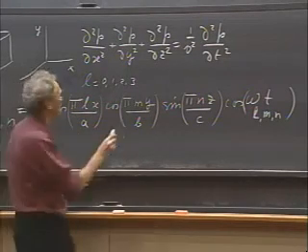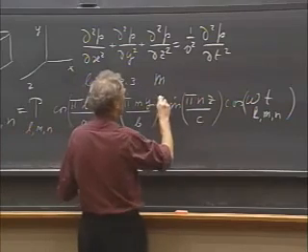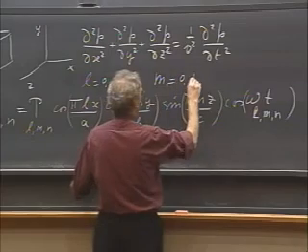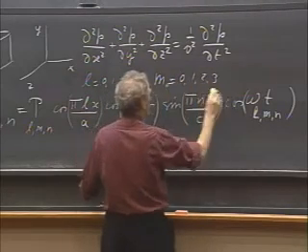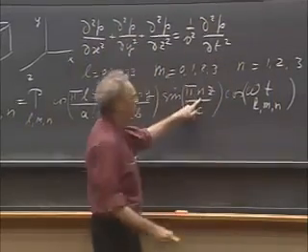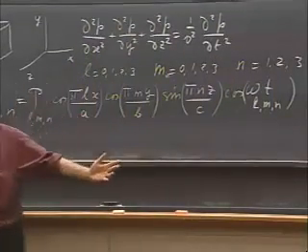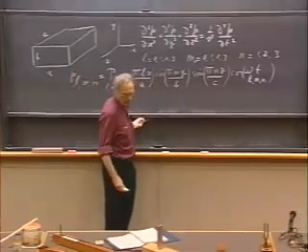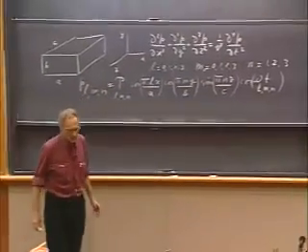Nothing goes to 0. And M can go 0, 1, 2, 3. It's only N that cannot be 0, because if N is 0, then there is no pressure anywhere. There is no wave.